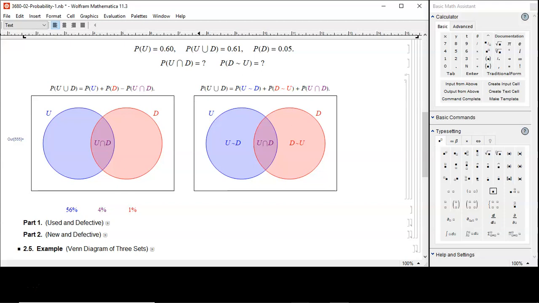If you do mental math, this kind of thing happens. So middle is 4%, so that I can add up to 61%. And then these two add up to 60%, as checked. These two add up to 1%, yeah.